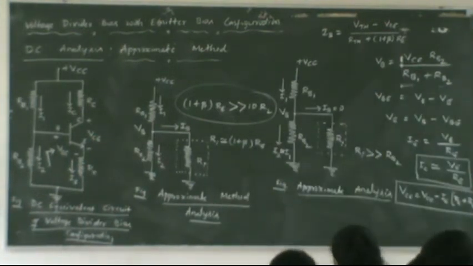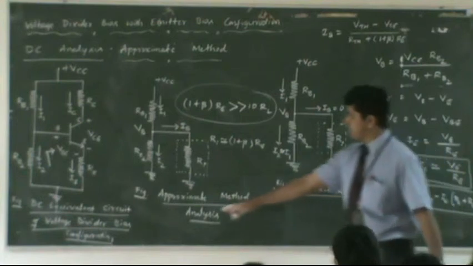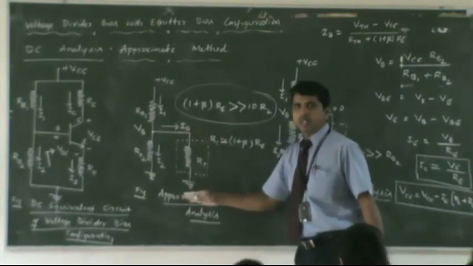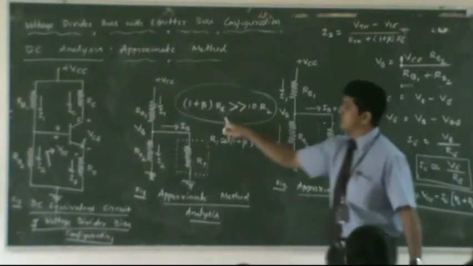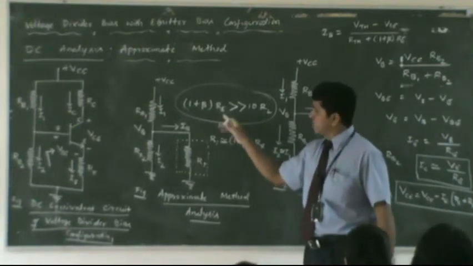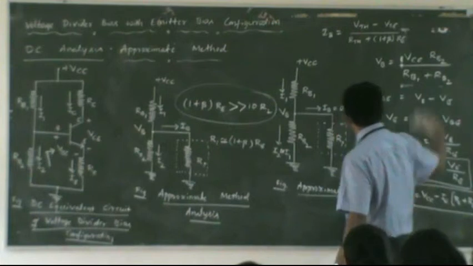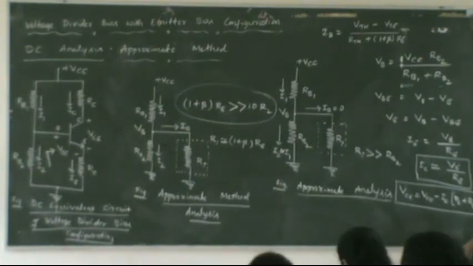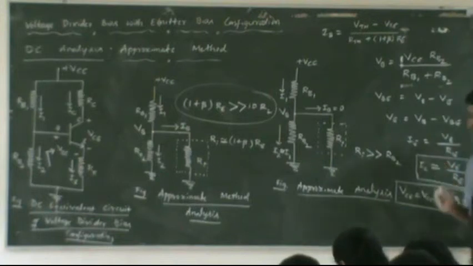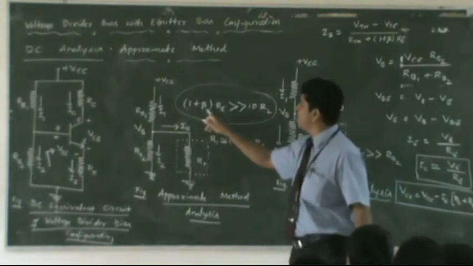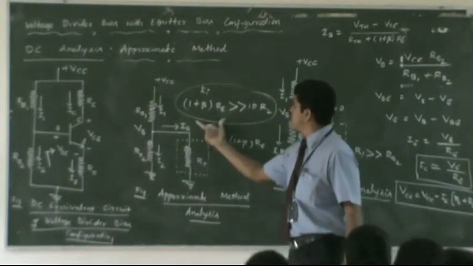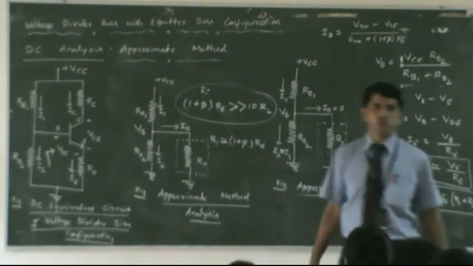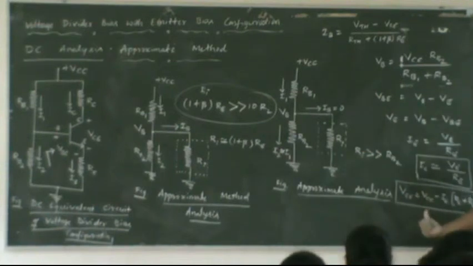Otherwise, for the approximate method we did here, if these formulas are to hold, this condition has to be satisfied. If this condition is not satisfied, whatever was derived so far will not be valid. Understand this? So typically, 1 plus beta times RE is RI, and this must be 10 times larger than R2 for these equations to be valid.